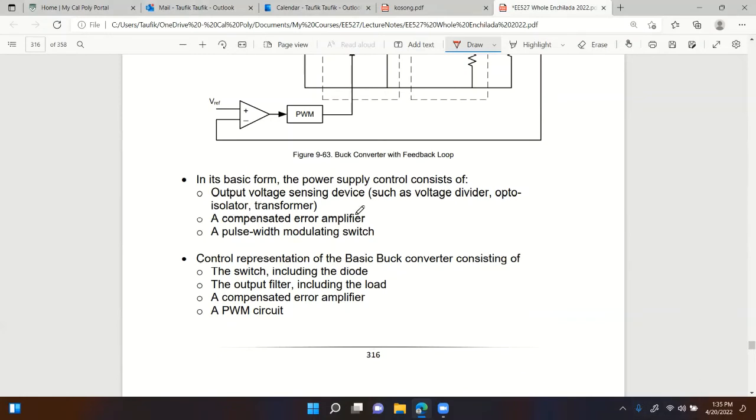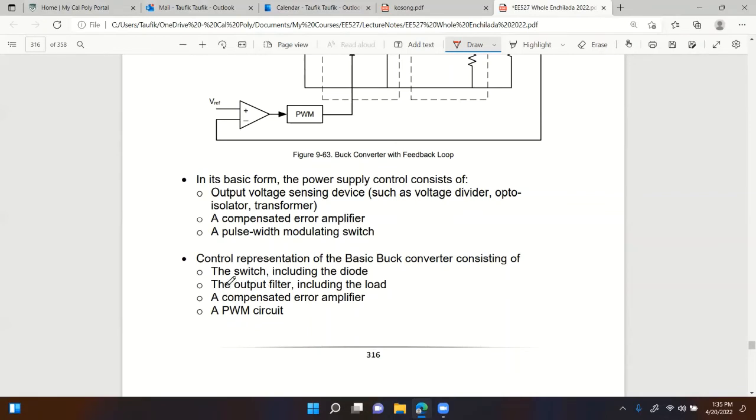Where was I? In its basic form, the power supply control consists of an output voltage sensing device, a compensated error amplifier, and a pulse width modulating switch. So in its basic form, a voltage mode in this case, our transfer function block diagram should have the switch, including the diode.